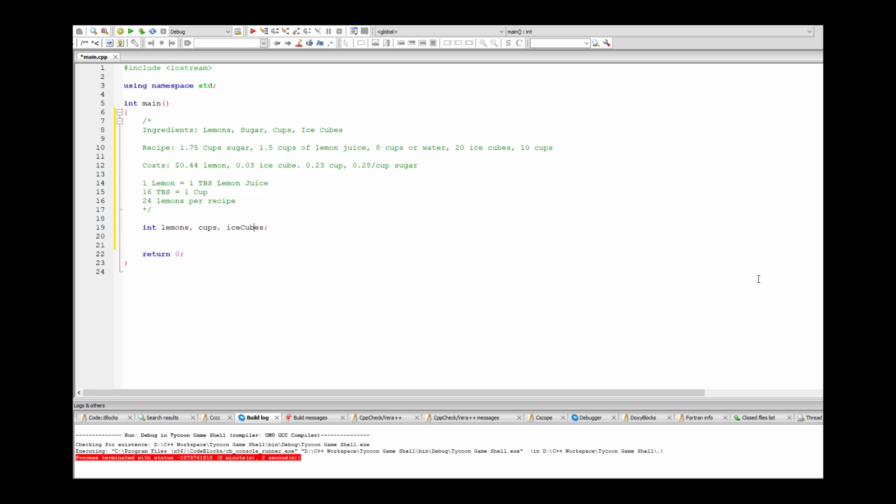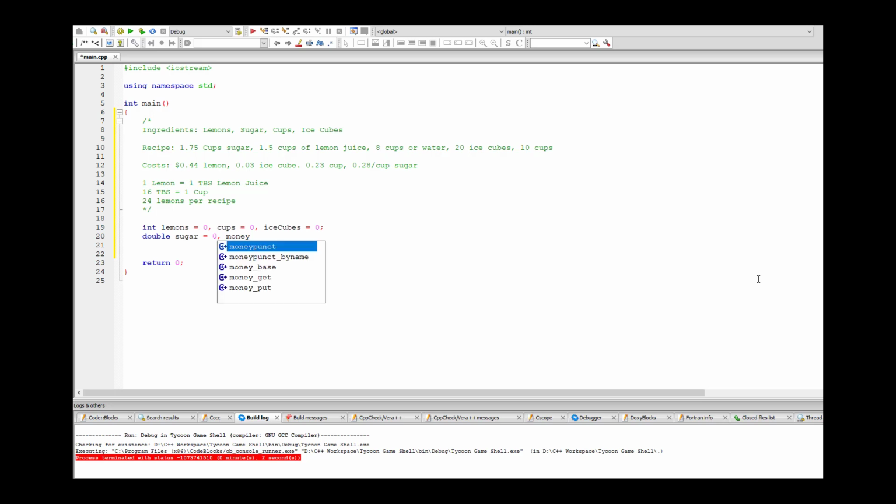We'll make that a double. So equals 0, we have 0 to start everything here. Now for our doubles, we're going to have sugar and money. This formatting doesn't actually matter for your code, but I think it looks nicer like this.